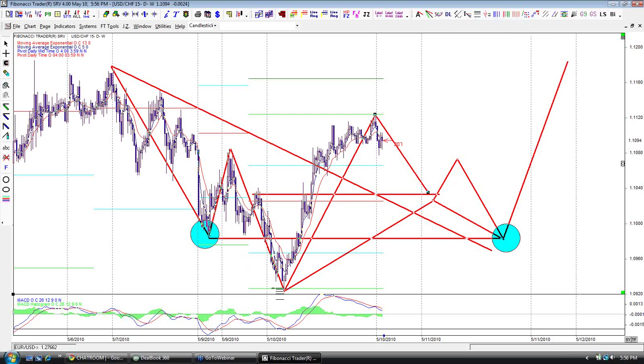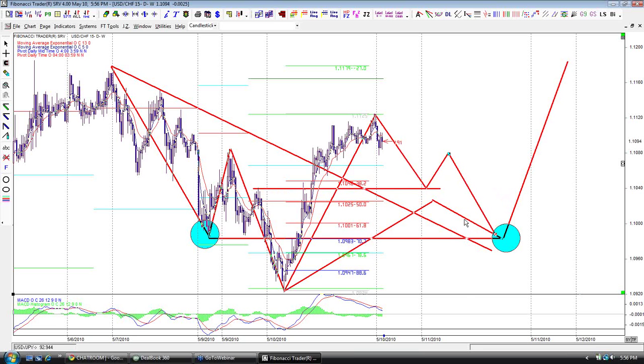I'll even pull a Fib just to measure it. If we have bounced near that level, I will draw also a hypothetical sub-down Fib.